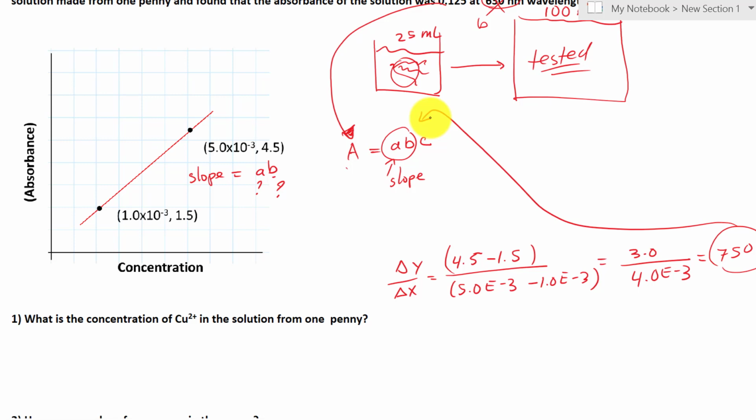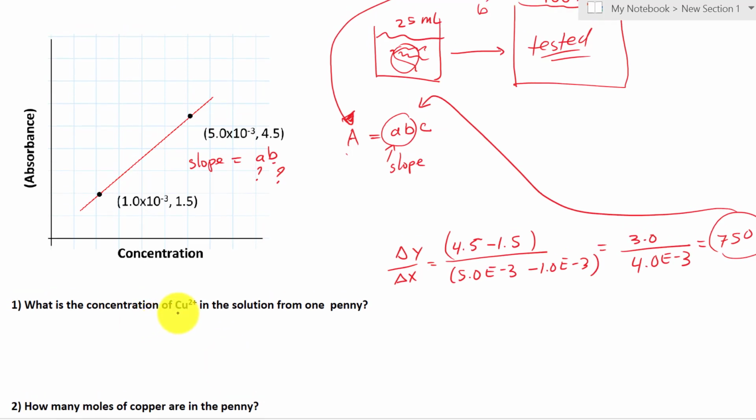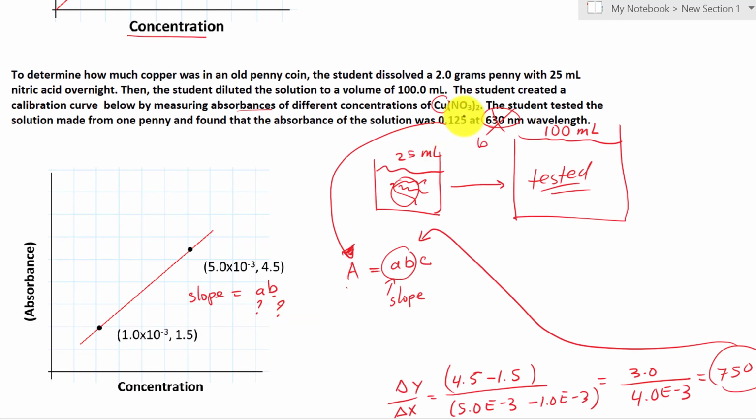Now, let's look at the problem. What is the concentration of copper in the solution from 1 penny? So we know that A equals ABC. Remember, this is our slope. And this one right here is absorbance, which we know is 0.125.